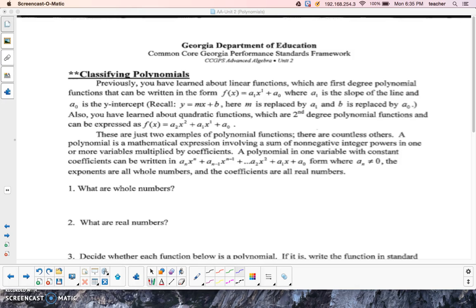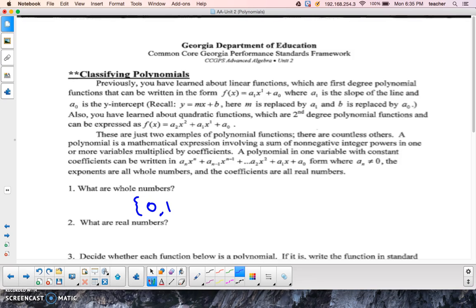Whole numbers are basically all of the counting numbers, including 0. So 0, 1, 2, 3, and so on. Whole numbers do not include fractions. They do not include negative numbers.